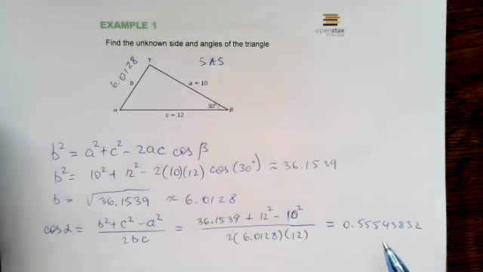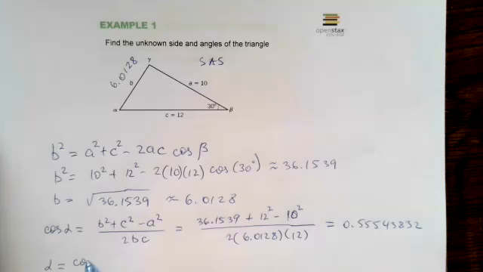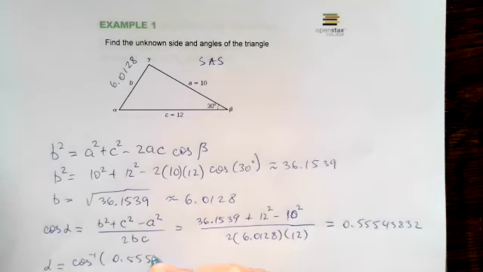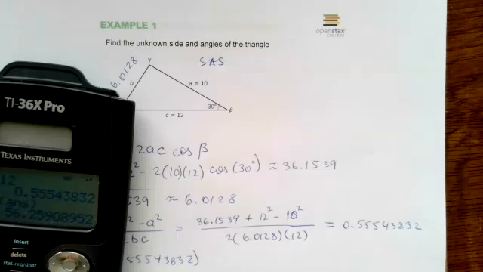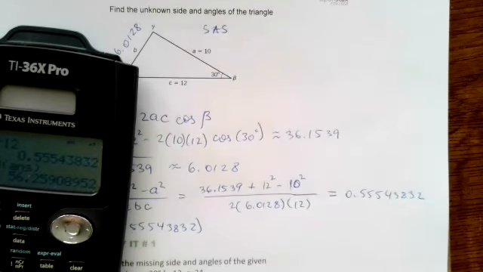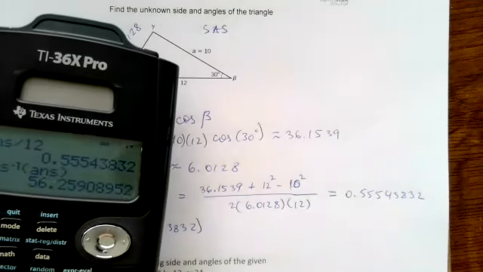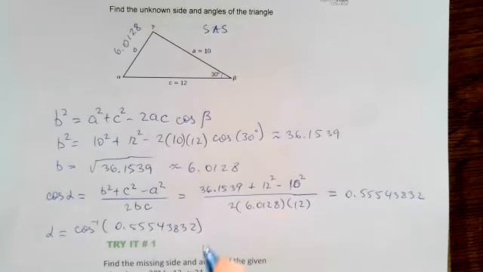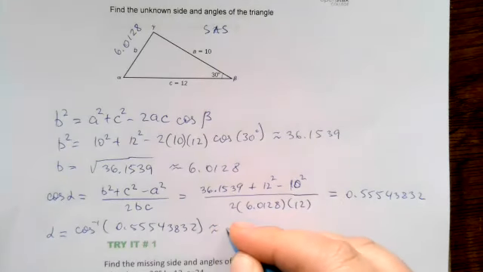Okay, so in order to actually find alpha, we need to take the inverse cosine of this value. And I got approximately 56.26 degrees, again rounded.